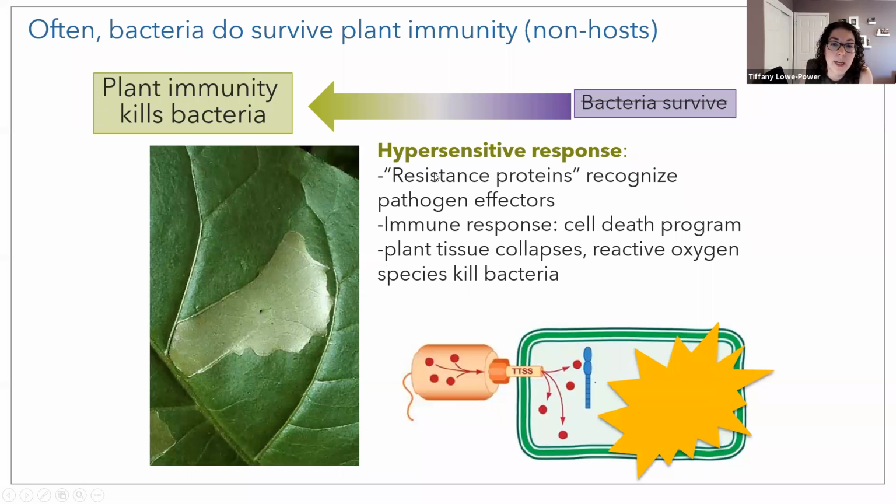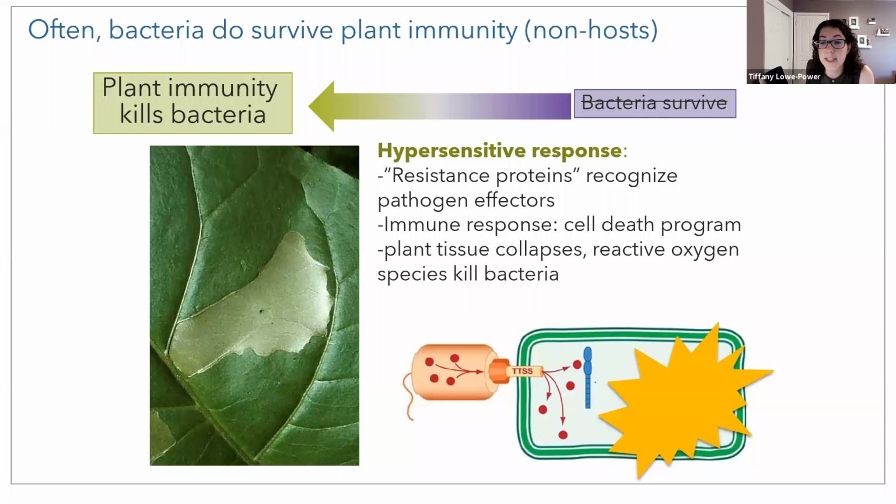This is when those plant immune receptors, the resistance proteins, are successful and bind to pathogens. Some of them bind to those same effector proteins that the bacteria is trying to use. And then the plants mount a very strong immune response that has a lot of reactive oxygen species, which are free radicals that can harm bacterial lipids.